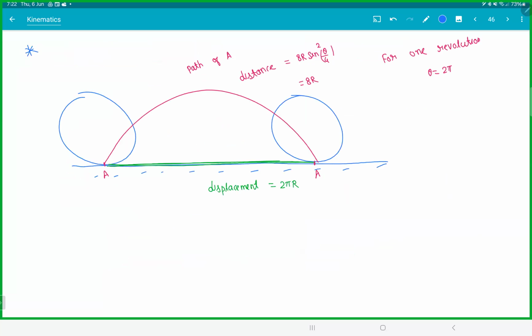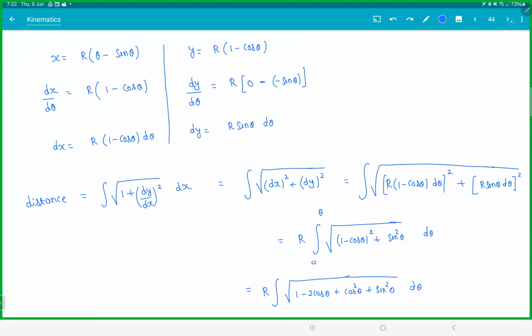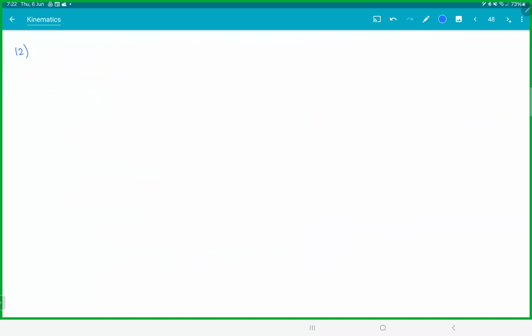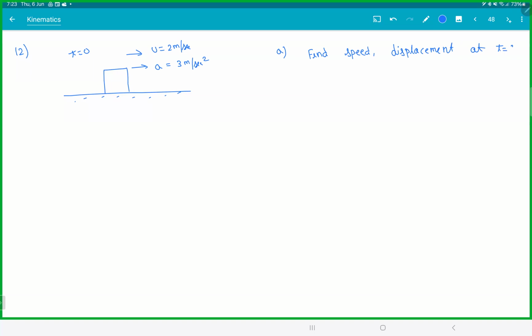Let's do an easy one. So we have a vehicle here which is going with u is 2 meter per second. Acceleration is 3 meter per second square. This is the time t is 0. Find speed and displacement at t is equal to 5 seconds.